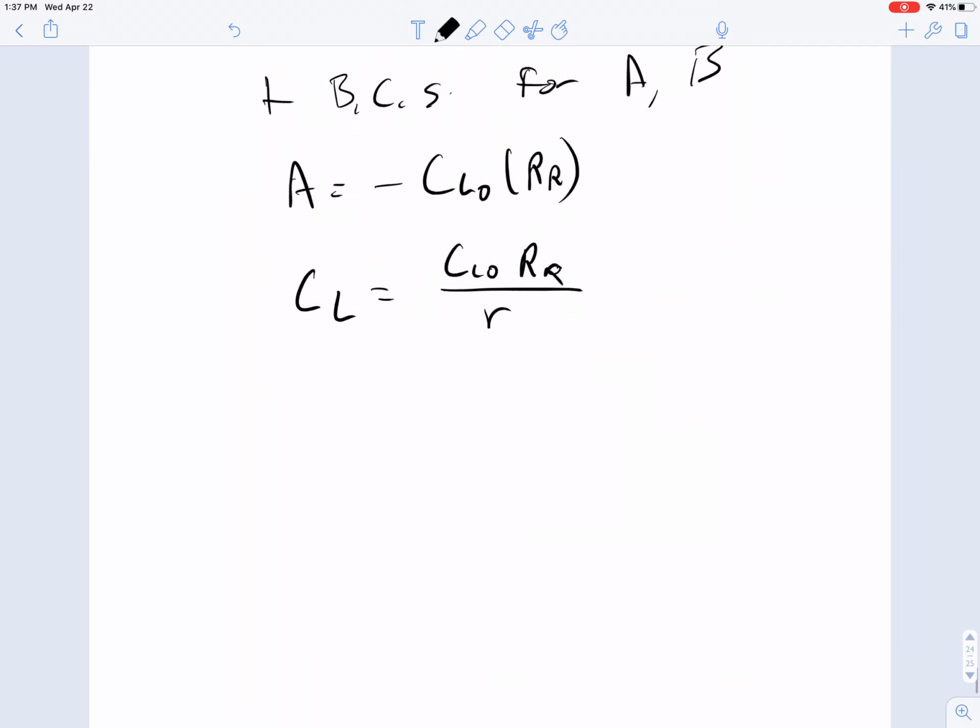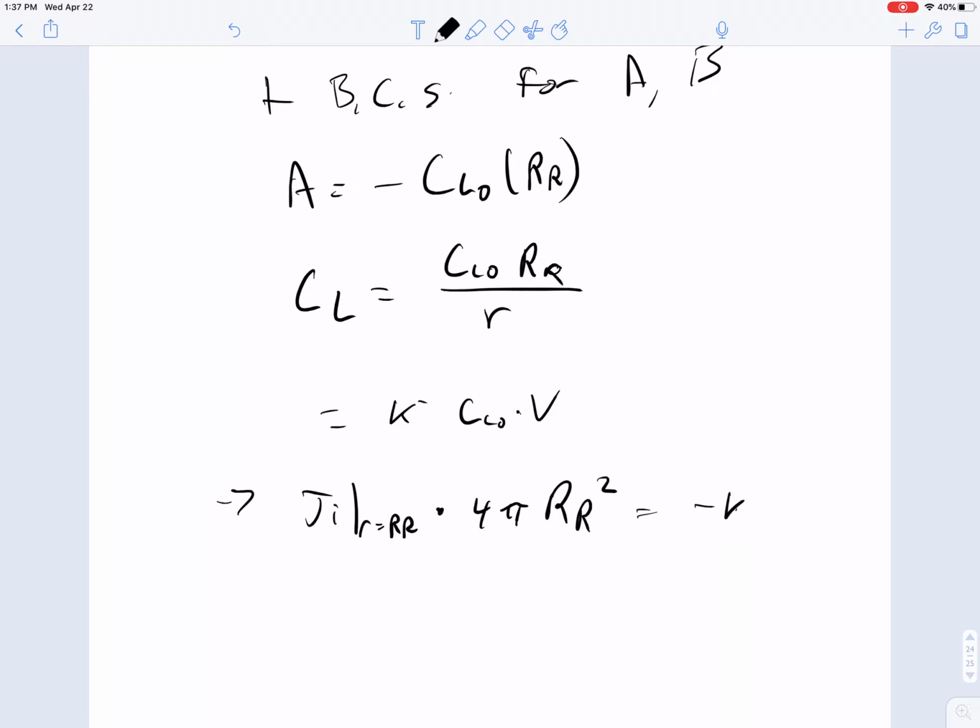So the overall rate of loss is going to be equal to K minus Cl0 times V. That's going to be the total mass loss. And you'll recall that because it's happening on an entire sphere, we have to calculate this overall flux, J at r equals the receptor radius, times 4 pi, the surface area of our sphere, 4 pi r squared.